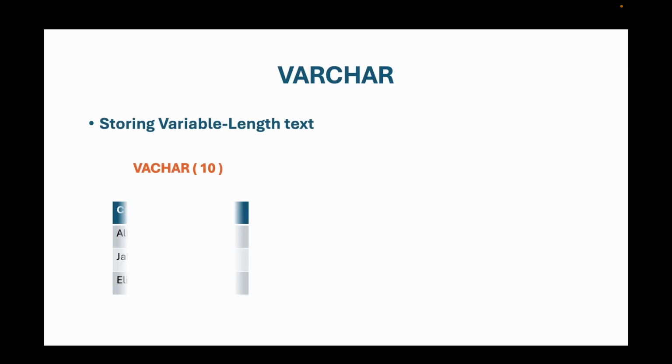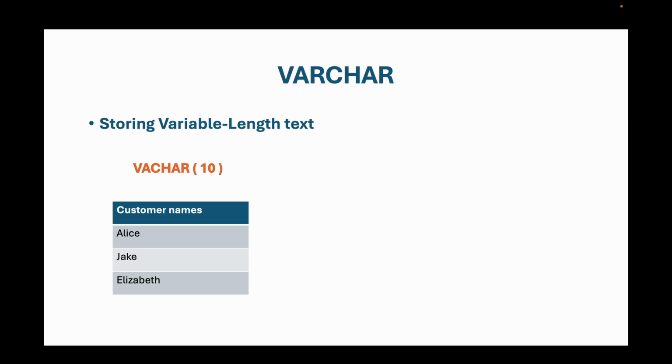For example, if you choose varchar with a size 10 for this column, customer names, the first value is Alice, which has 5 characters, and it is going to store as 5 characters, not 10 characters. The 10 here shows the maximum characters that each value of your data can have.